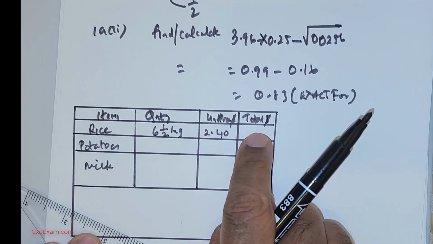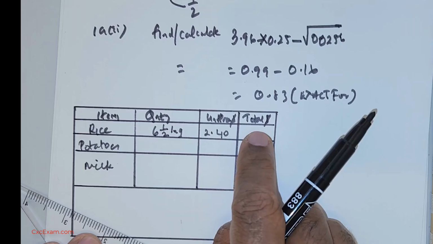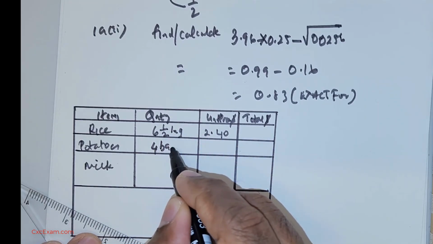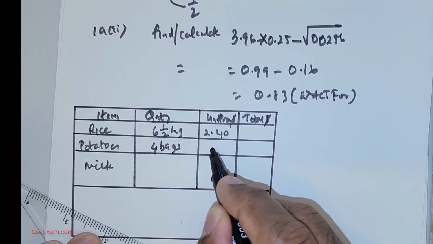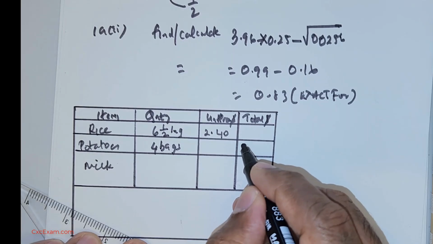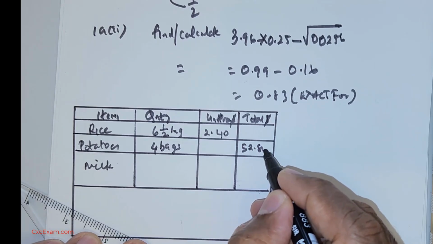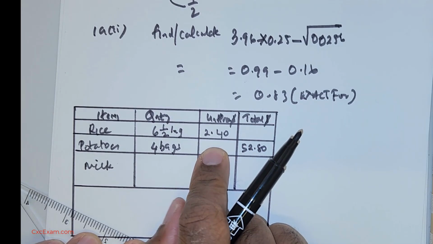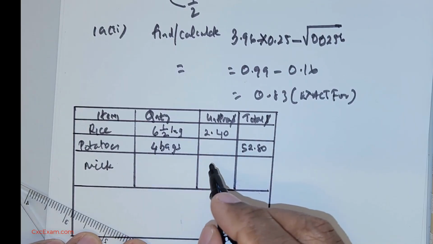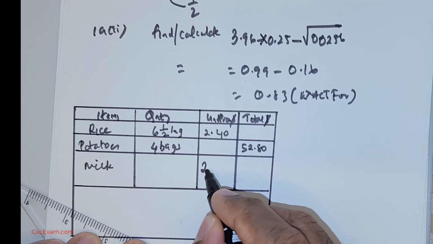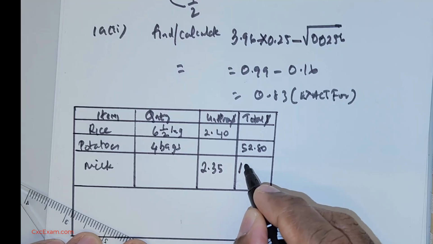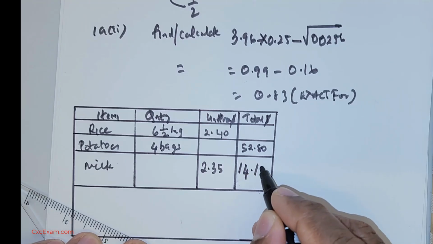Now we will have to calculate that value, how much it amounts to. Potatoes are purchased for 4 bags and the total paid is $52.80. We will have to get this value. The milk is priced at $2.35 and the total paid is $14.10.